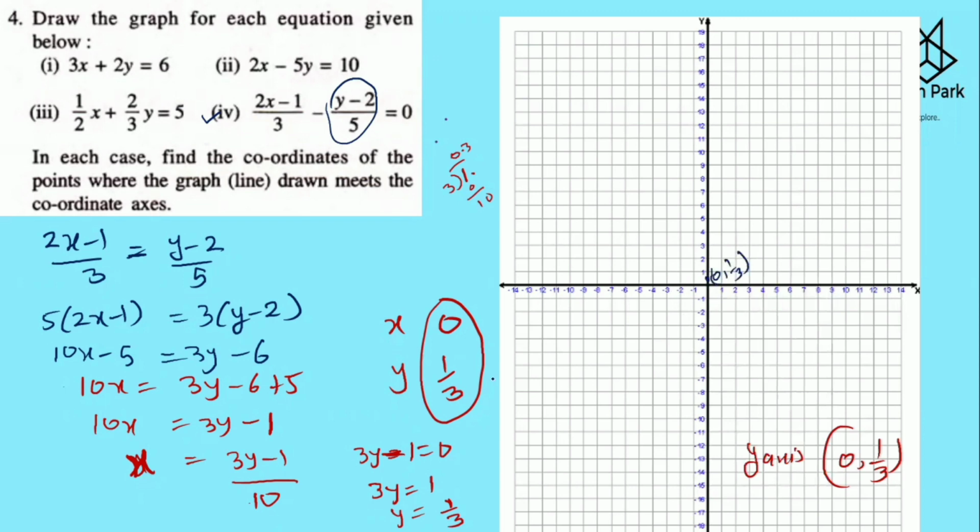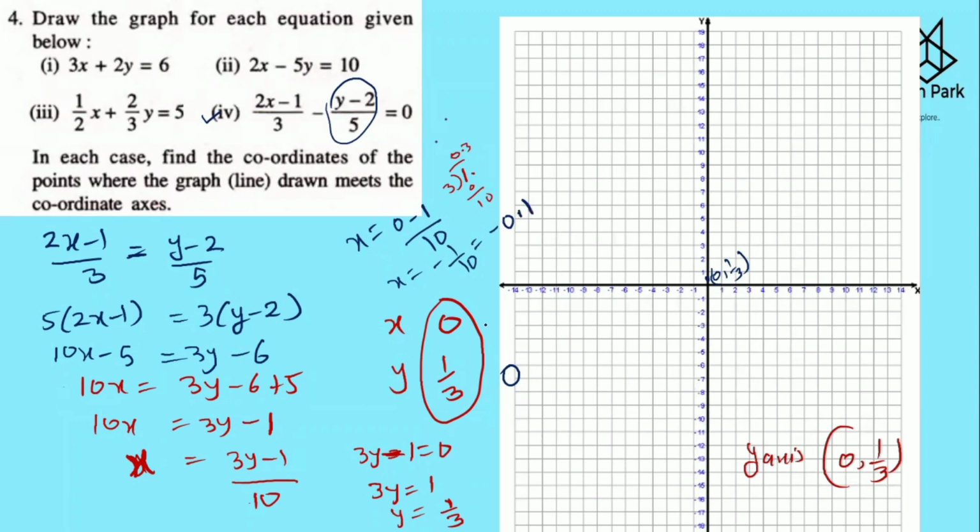Okay, next let us put y is equal to 0 in this equation. So you have x is equal to 0 minus 1 upon 10, 3 times 0. So you get x is equal to minus 1 by 10, which is minus 0.1.